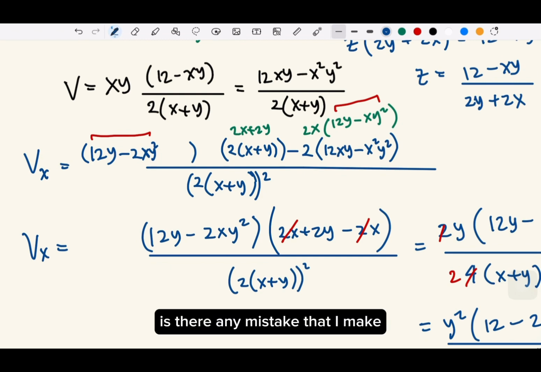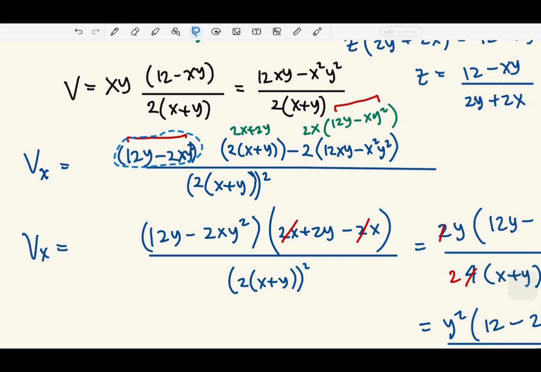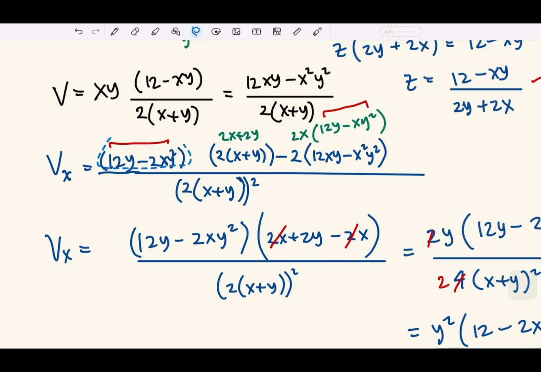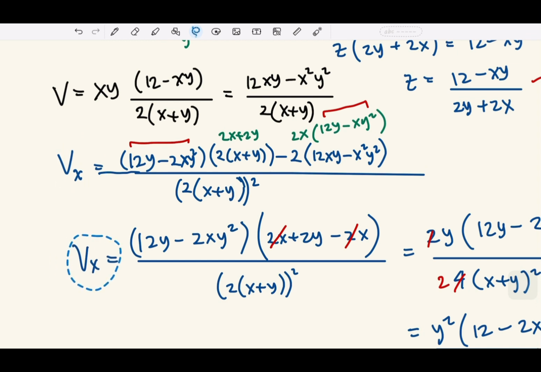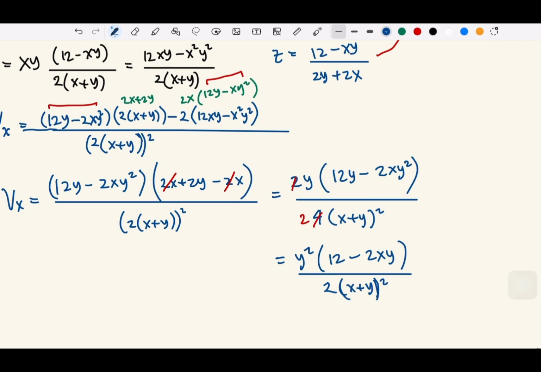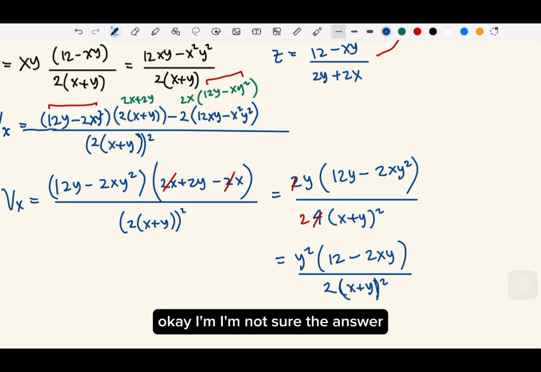Is there any mistake that I made? Maybe just write this first. Okay, maybe just write this as it is first. Okay. I'm not sure of the answer.